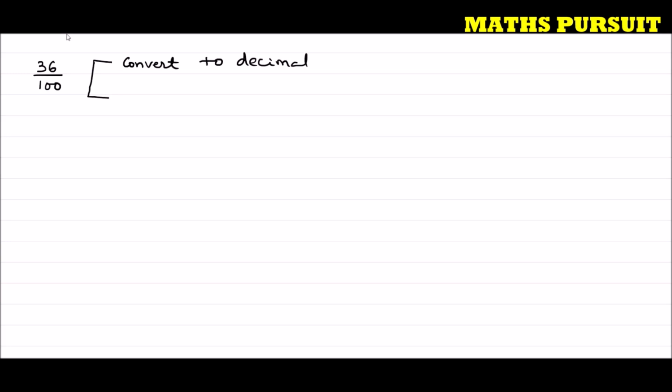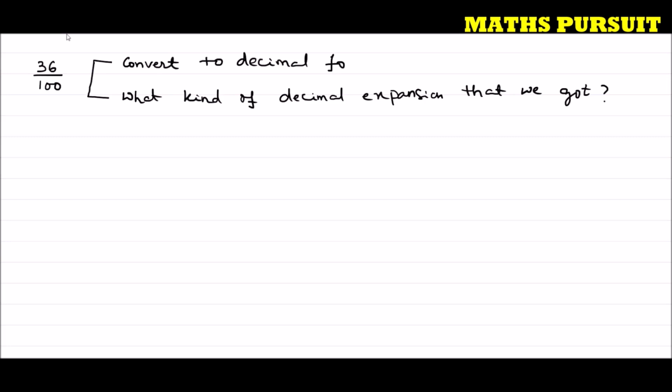And the other thing is that we need to find out what kind of decimal expansion we got. So guys, we are going to do two things here. One is we are going to convert it into a decimal form, and then we need to say what kind of decimal expansion we got.